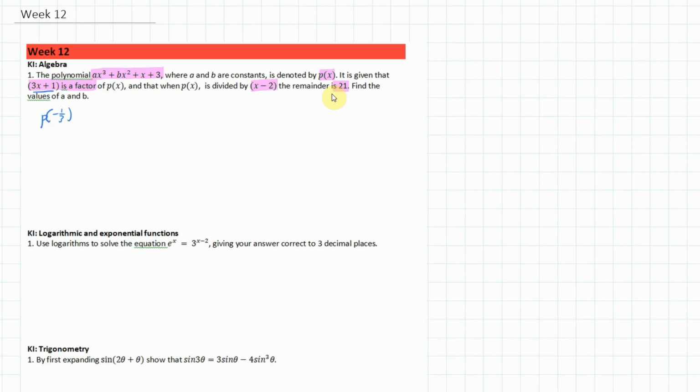p of minus 1/3 is equal to 0. So we just plug that into our equation. So we get a times minus 1/3 all cubed, plus b times minus 1/3 all squared, and then minus 1/3 plus 3 ought to equal 0.